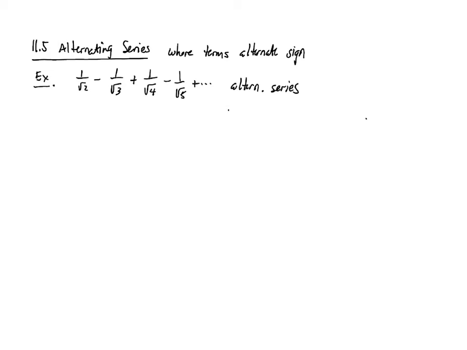And one can rewrite this series as the sum n equals 1 to infinity of minus 1 to the n minus 1 times 1 over the square root of n plus 1. Right?